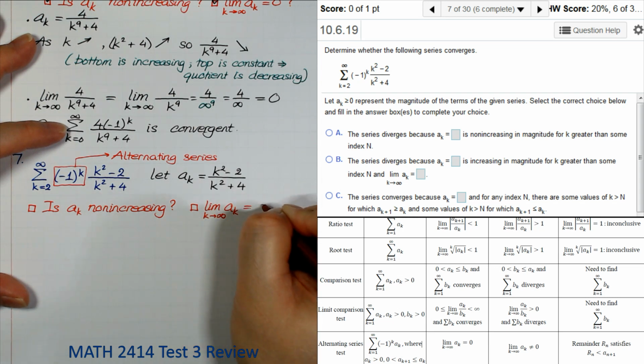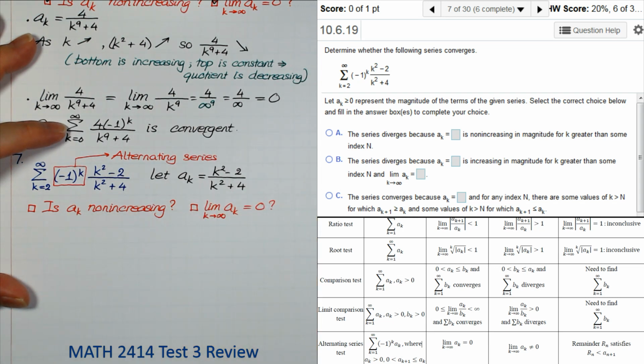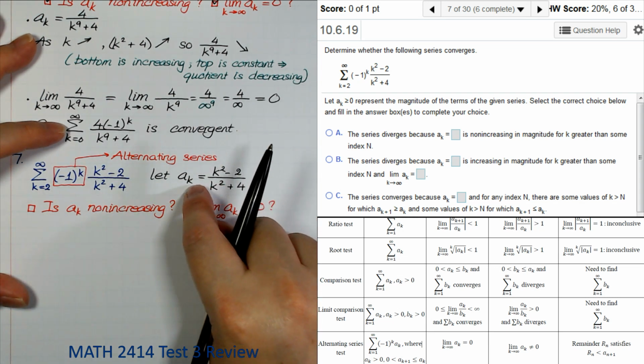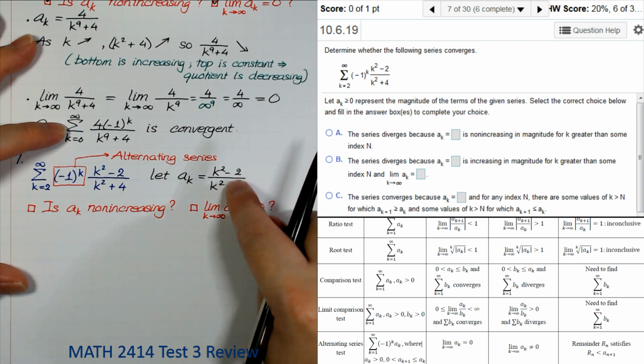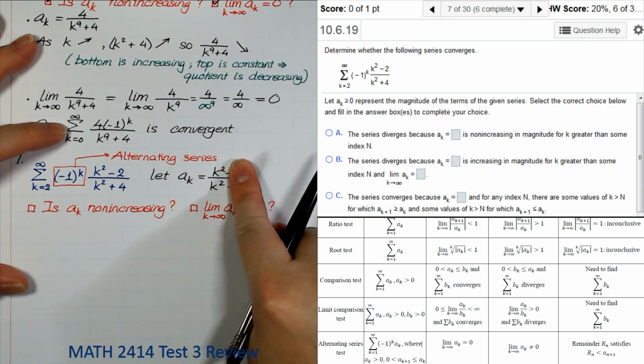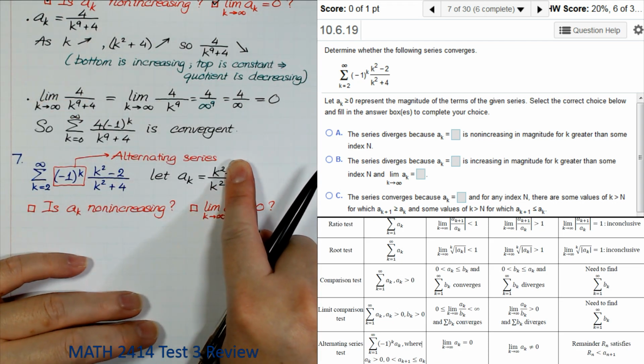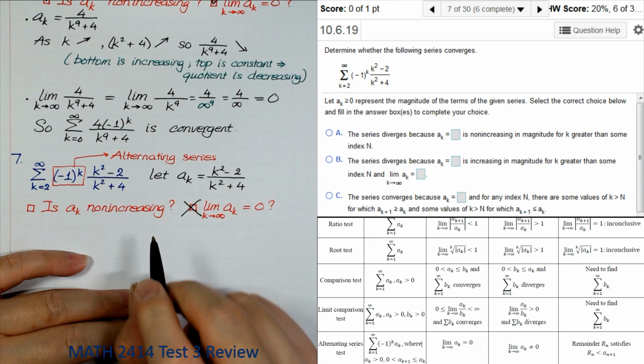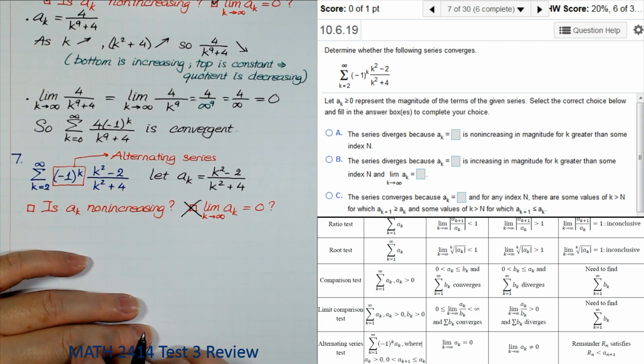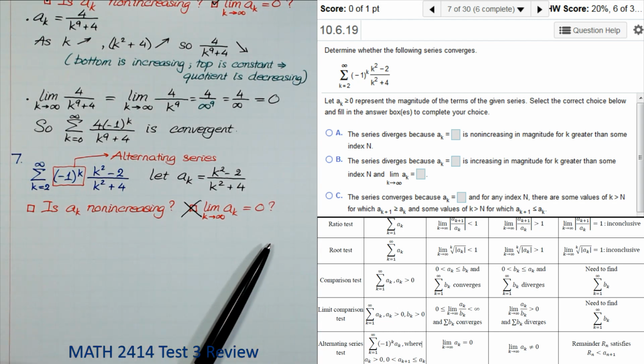Is that equal to 0? We know for sure that when we check the limit as k goes to infinity, highest power on the top over highest power at the bottom, k squared over k squared, is 1. So the limit equals 1. So we know that this one fails and the series diverges already. But for some weird reason, MATLAB asks us to do that.